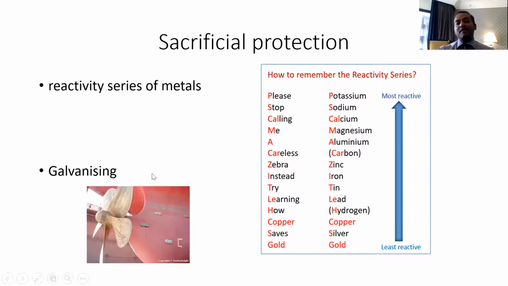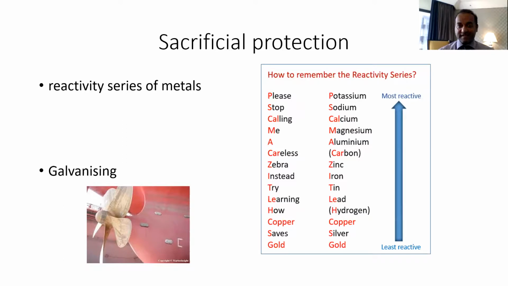An example in this diagram: the hull at the bottom of the ship, you can see this small patch of magnesium metal. It is attached on the hull so that the ship will not rust. Once this magnesium metal has decomposed and finished, then the rusting will take place. So this is one of the methods we call sacrificial protection, by using a more reactive metal.